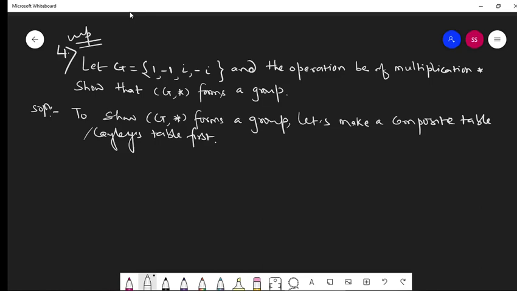Firstly, how many elements are there? 4 elements, so we need a 5 cross 5 table. So simply we can make a 5 cross 5 table.